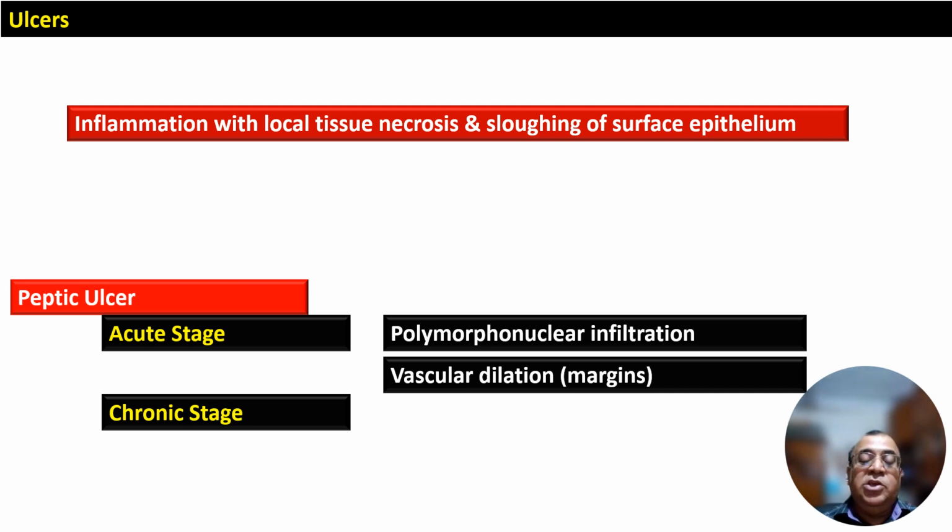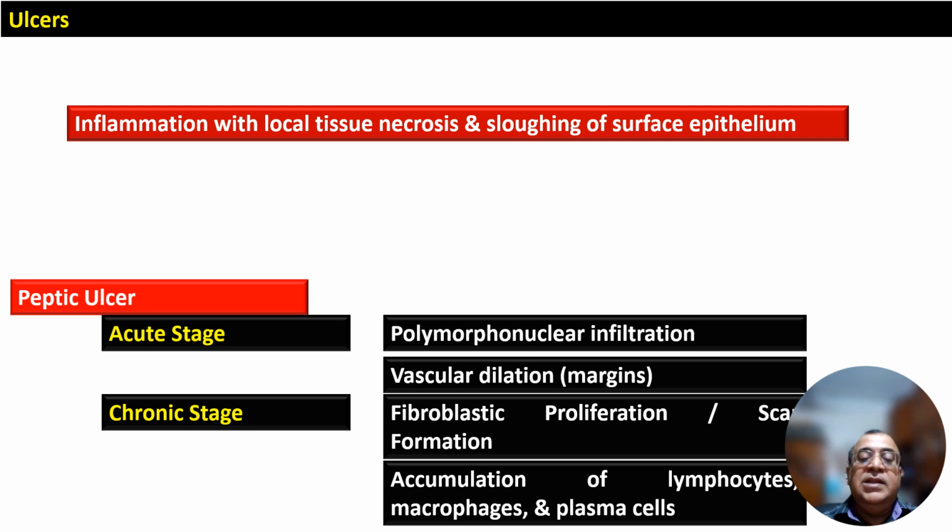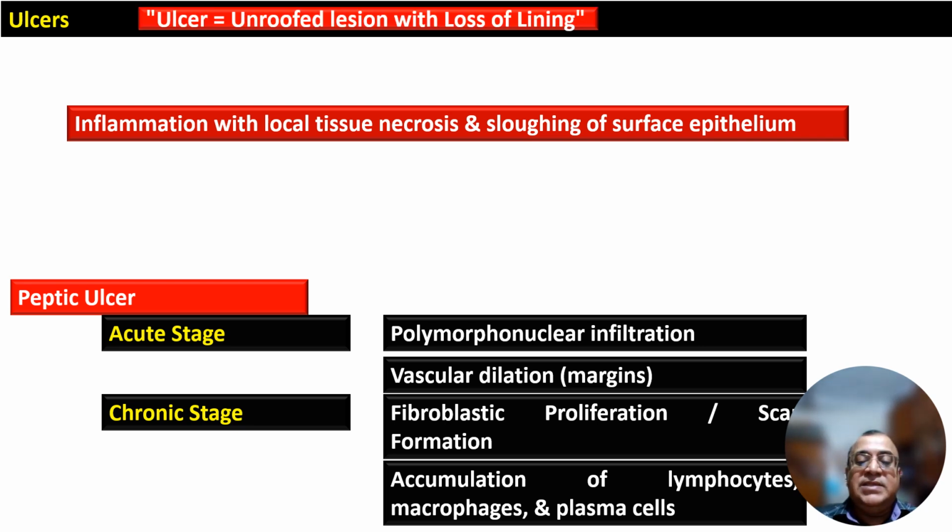Then in the chronic stage, there is proliferation of fibroblasts that results in scar formation, and the neutrophils are replaced by accumulation of lymphocytes, macrophages, and plasma cells. So ulcers can be summarized as an unroofed lesion with loss of lining.